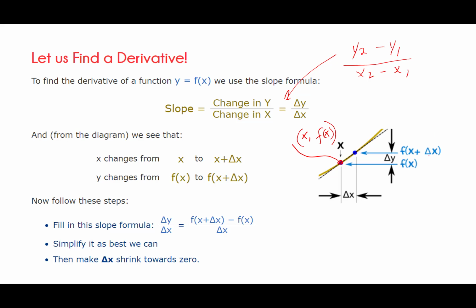And please note that here I have f of x as my original point, and I'm adding an incremental, very, very small change in the y value to actually get the change.